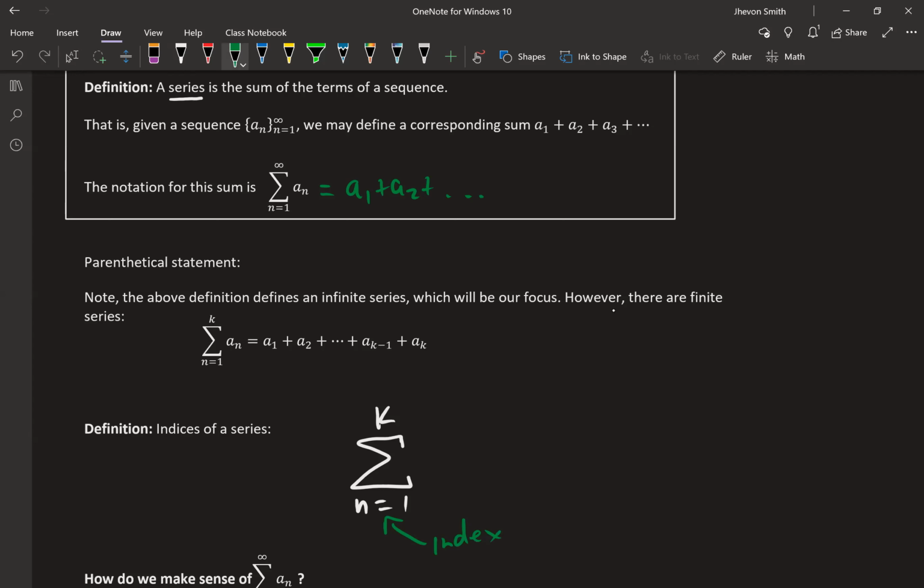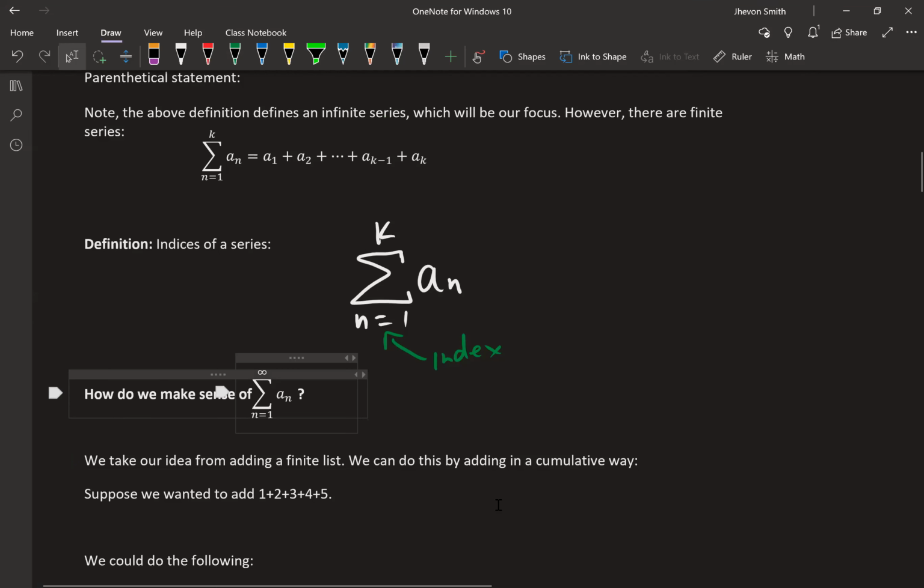Almost no one says that, though. But if you see the phrase index, that's what it's referring to. It's indexed by i. So you write that symbol, it just means you're adding up terms that are defined by some sequence. So there's a very specific list that you have in mind, and you're adding up the members of that list.